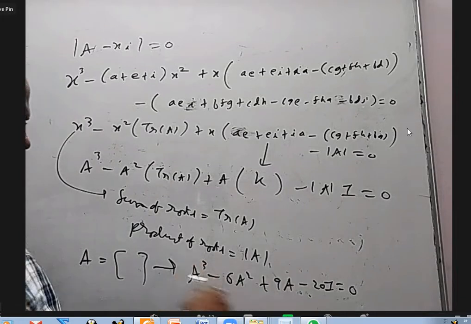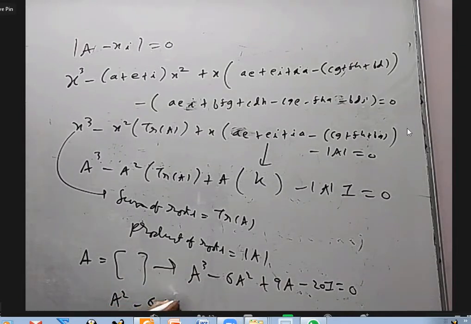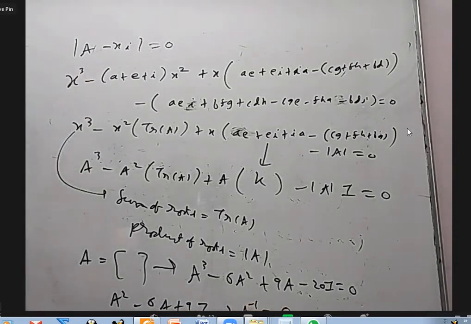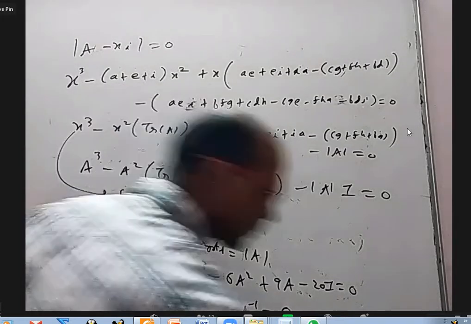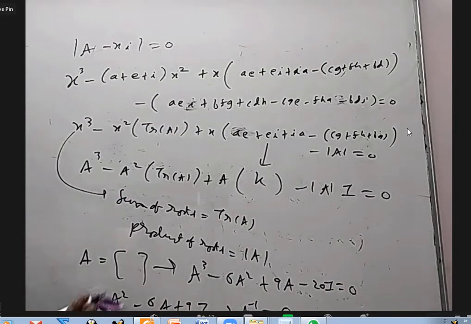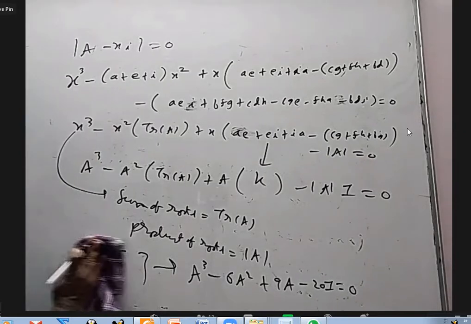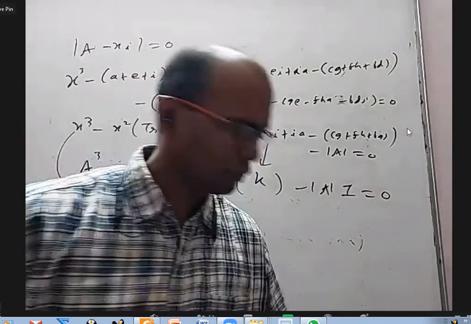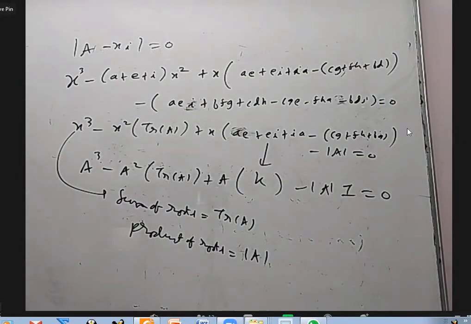Now when somebody gives you this, multiply by A inverse, and it is going to become A square minus 6A plus 9 identity matrix minus 20 A inverse equal to the null matrix. Anyway, this is a general one. Then I'll come back to this question later.